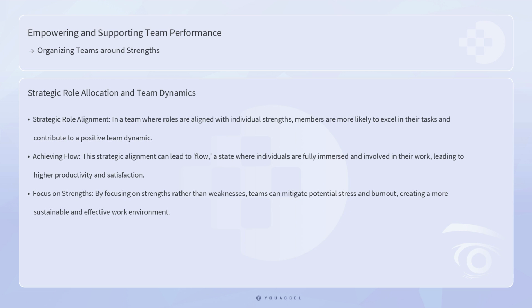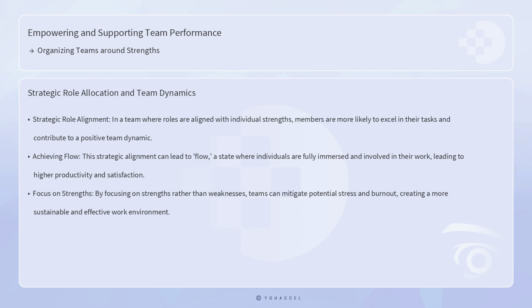Once strengths have been identified, the next step is strategic role allocation. In a team where roles are aligned with individual strengths, members are not only more likely to excel in their tasks, but also contribute to a positive team dynamic. This strategic alignment can lead to what is known as flow, a state where individuals are fully immersed and involved in their work, leading to higher productivity and satisfaction.